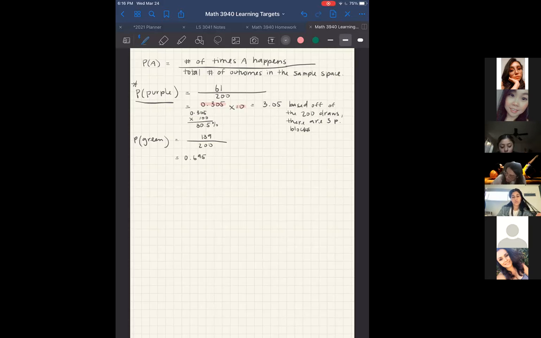Why did you multiply 0.305 by 10 though? So to find how many purple blocks there are, we multiply it by 10 because we know that in the bag there are 10 blocks total. So if we were to change the problem a little bit and say there are 12 blocks in the bag, we would multiply the 0.305 by 12 to find out how many purples there are.